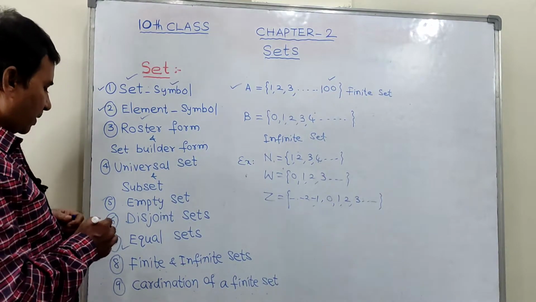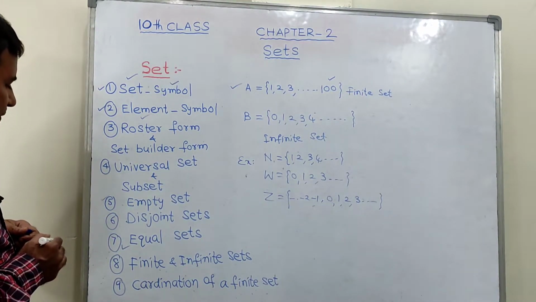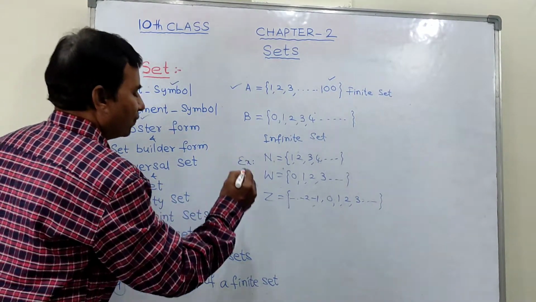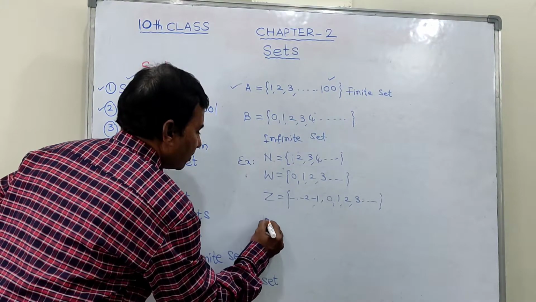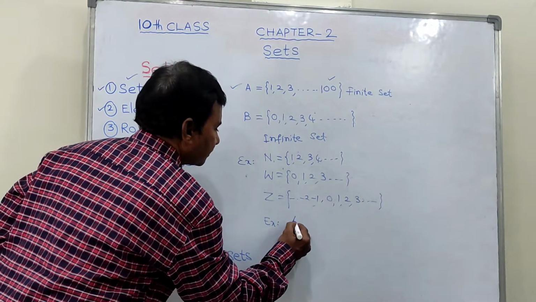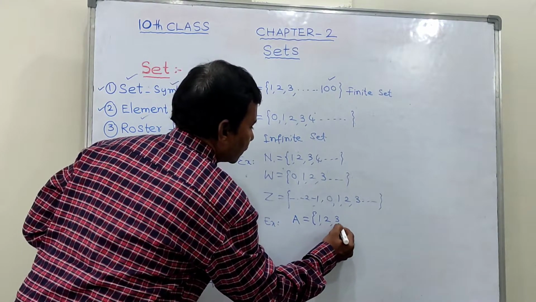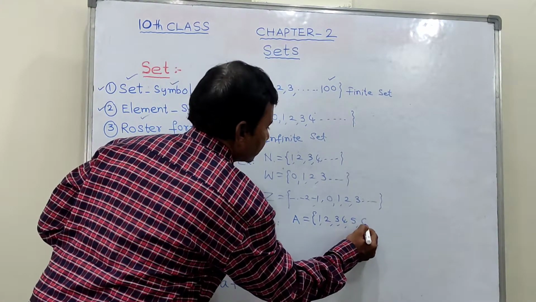Clear? The last one, what is cardinality of a finite set? Let us take one finite set. One example I am taking here, finite set. I am taking A is equals to 1, 2, 3, 4, 5, 6.